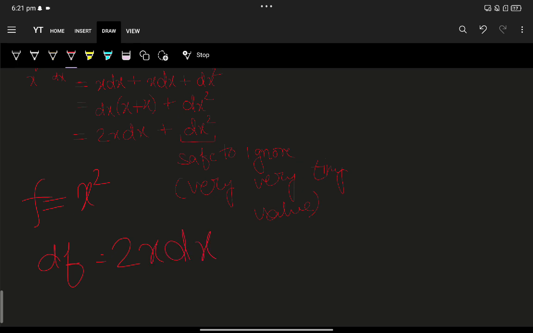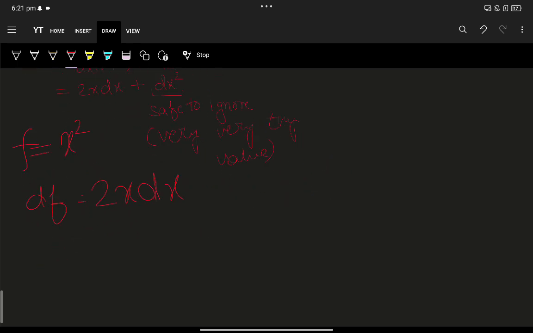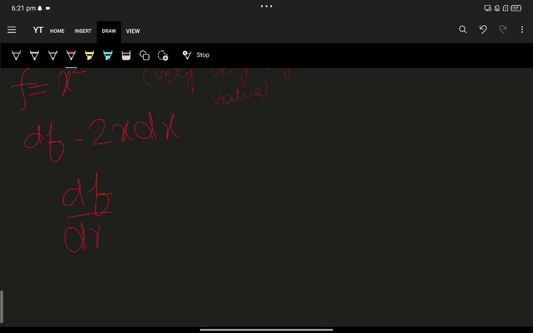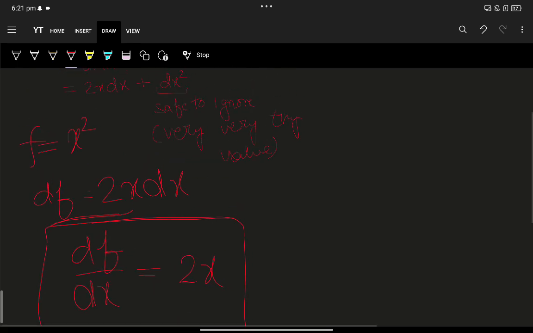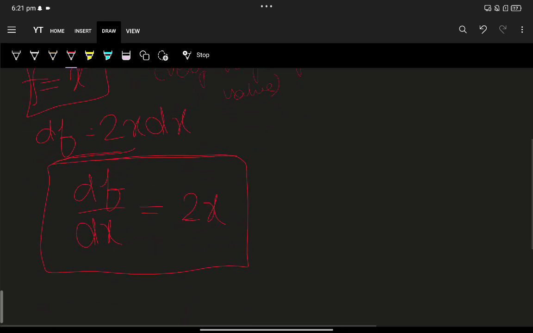When you take this dx on the other side, you will get df by dx is equal to 2x, and this is how you derive the derivative of x square.